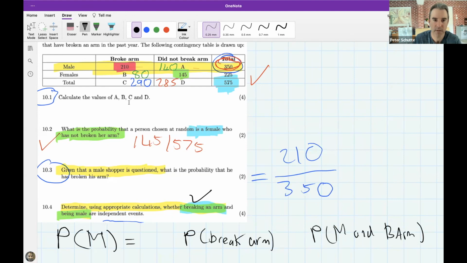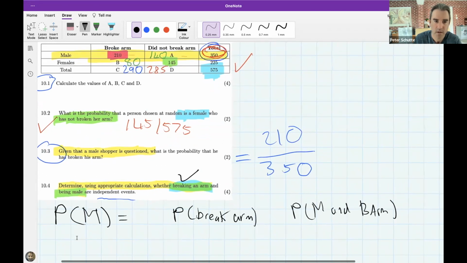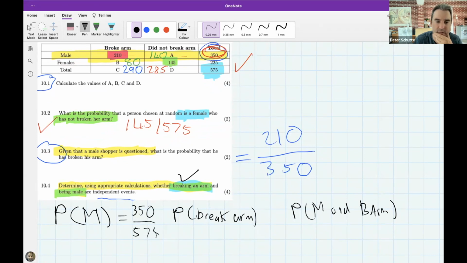So let me zoom in a little bit so I can see all the numbers. So the probability of being male is 350 over 575.